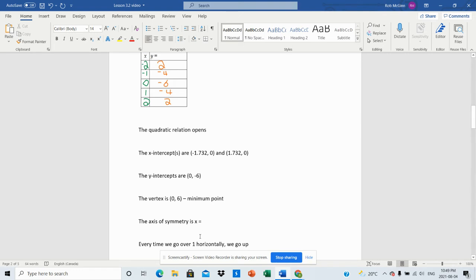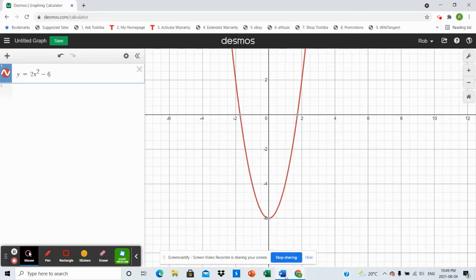And axis of symmetry, if you remember, that's that vertical line that goes right through our vertex. So what we want to do here is we always just state it as x equals a certain number, because it's a vertical line, x is always a constant there. And in this case, it's at x equals 0.